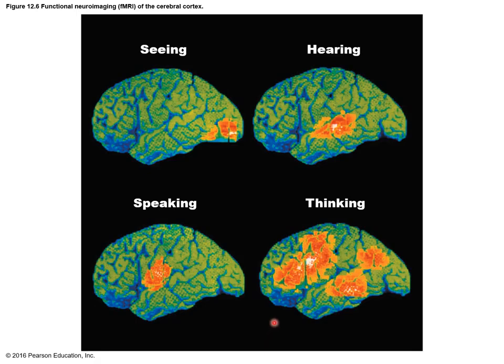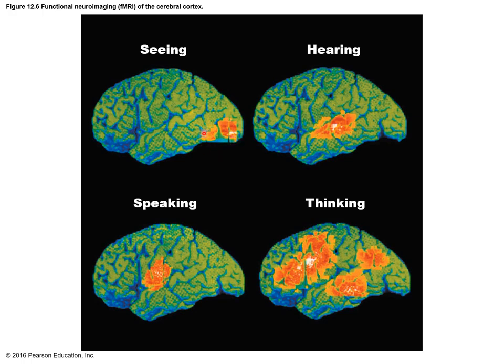So this is from a functional MRI looking at the cerebral cortex, and you can see here the different areas highlighted. This is back in the occipital lobe here. Basically what this is telling us is this is where a lot of the information for vision is.